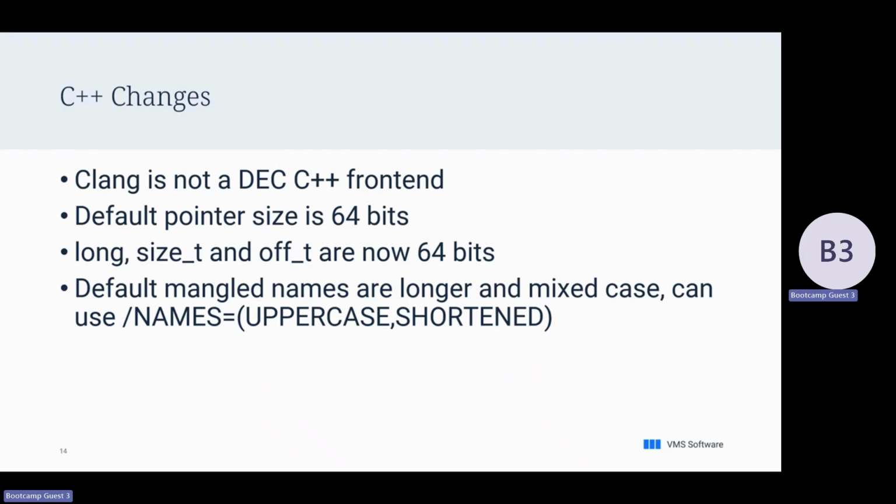Long, size_t and off_t are, as on any other x86 platform, 64 bits. No longer having size_t be 32 bits, even when pointer sizes are 64 bits, even though the C standard says that's absolutely fine. You wouldn't believe how much code is written with the assumption that a pointer fits into a size_t.